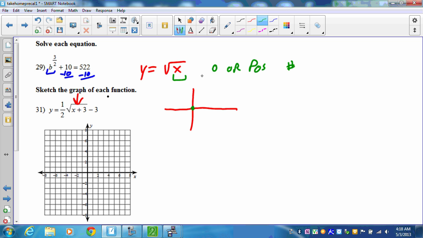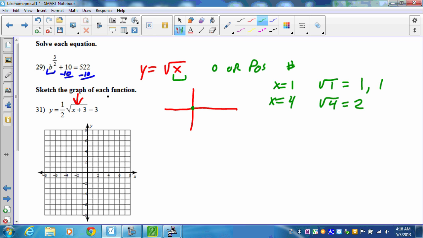So the graph is going to live over here somewhere. Well, let's pick out a couple of points. Let's use x is equal to 1 and x is equal to 4. That should be enough. So the square root of 1 equals 1, and the square root of 4 equals 2. So we just go over to our graph.